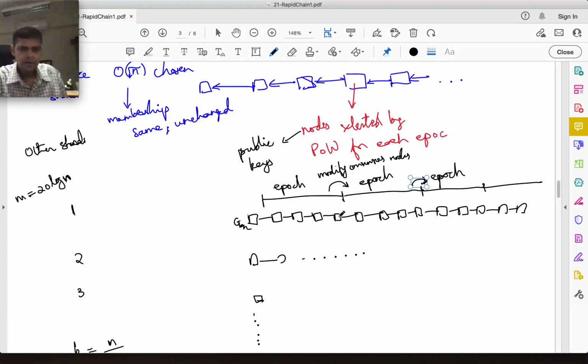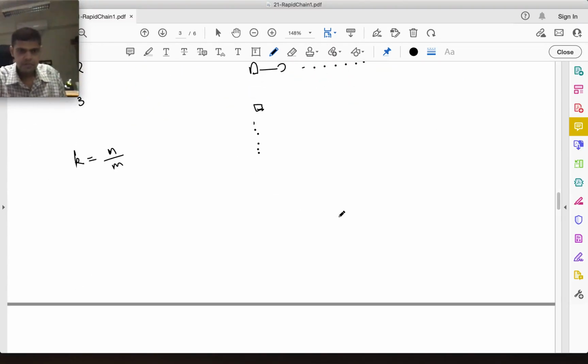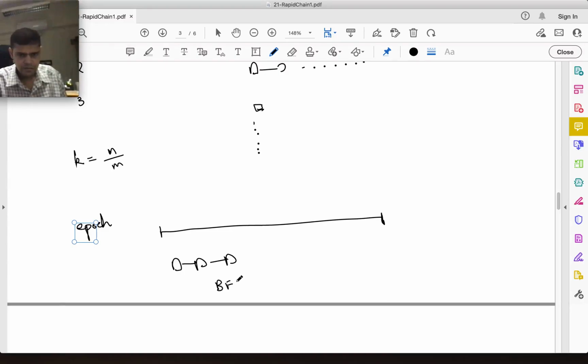Okay, so what happens in an epoch? Let's say that this is an epoch that we are looking at. In parallel, there is BFT happening in each shard in order to do consensus for generating blocks.